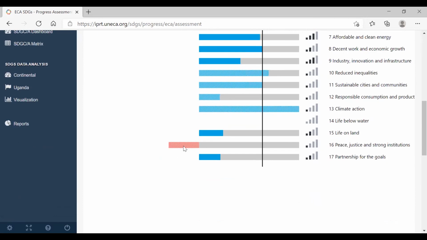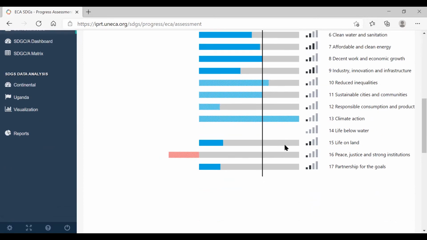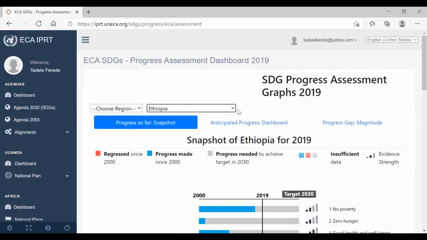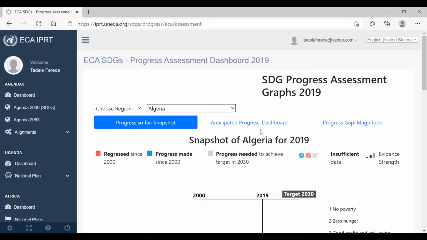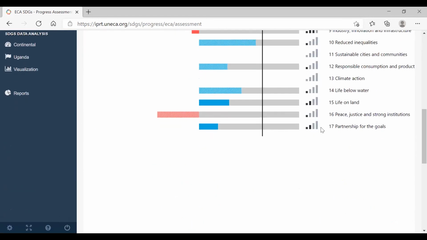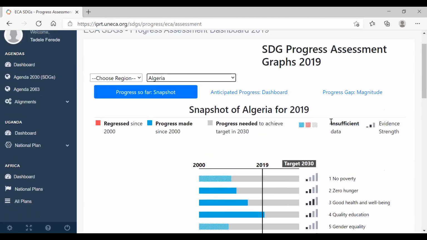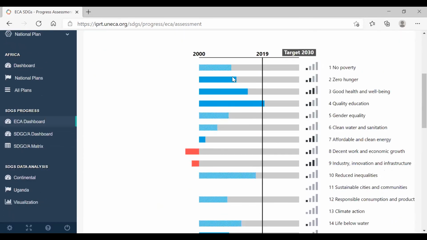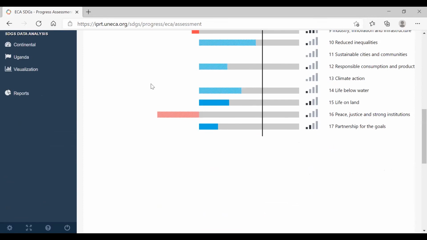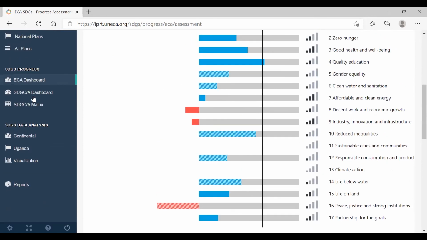Ethiopia is regressing; although there is insufficient data, there seems to be a kind of problem in peace, justice, and strong institutions. You can also look at other countries like Algeria. Algeria shows regression for goal number 8 and goal number 9. There is a risk, there is a sign. So you can see the SDG progress for each country by simply choosing the country you are interested in.